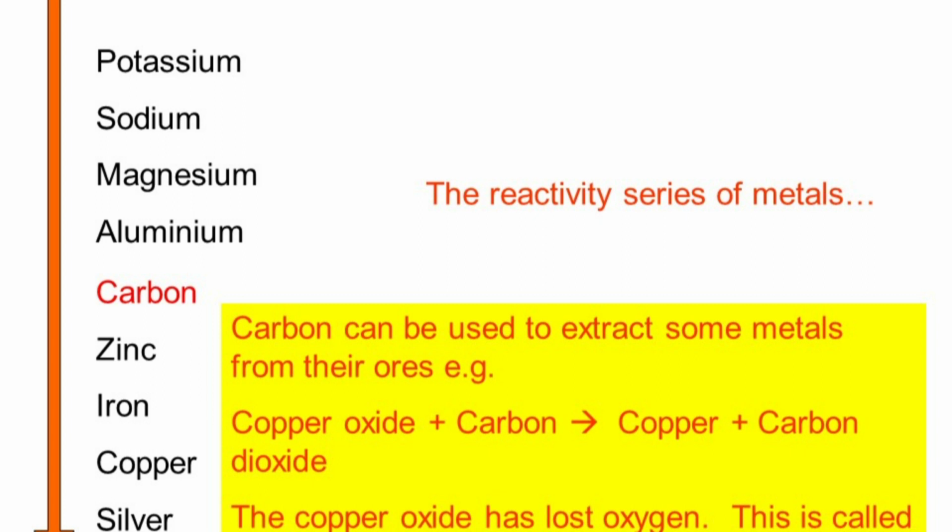So if I was to use sodium or potassium, which are more expensive metals, then I'd be losing money to make my metal. The only element that is cheap enough to use is carbon, and you find that in coal, dug up from the ground. So we tend to use carbon in order to get our metals from the ores.